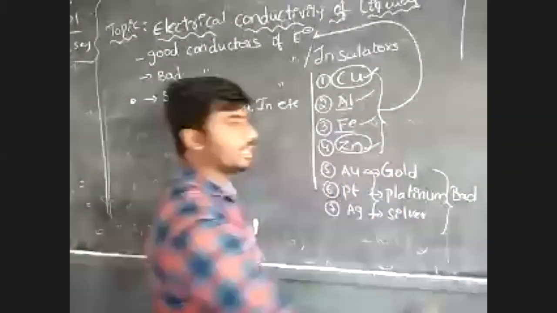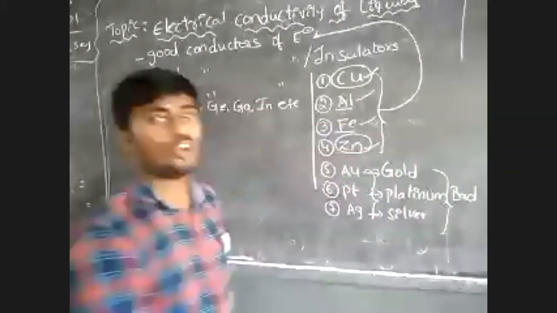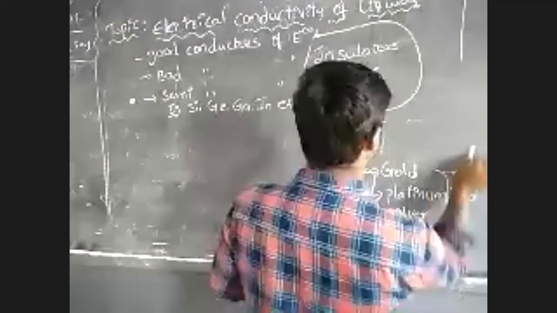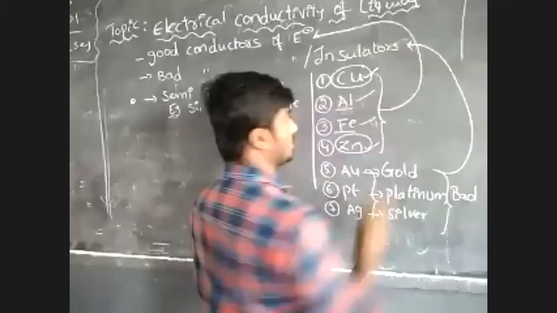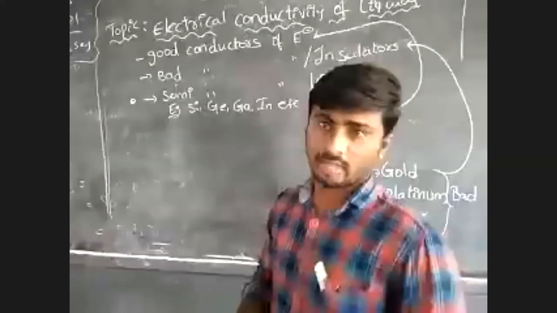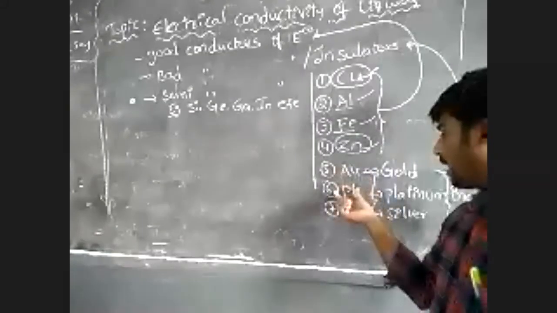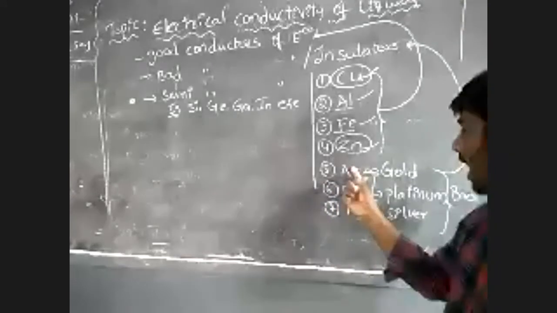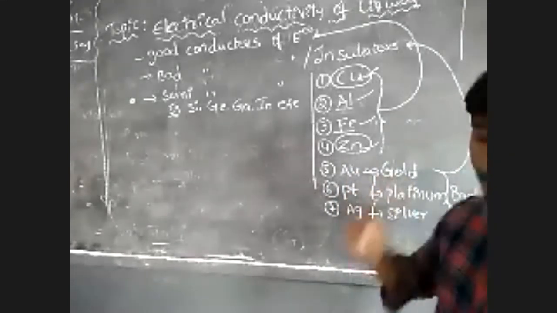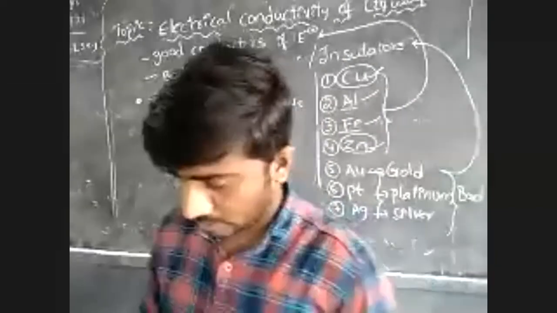Here, students, some metals are not good conductors. You may write examples of bad conductors like chocolate, plastic, along with these metals: iron, platinum, and silver. These are the bad conductors of electricity. Is it clear?